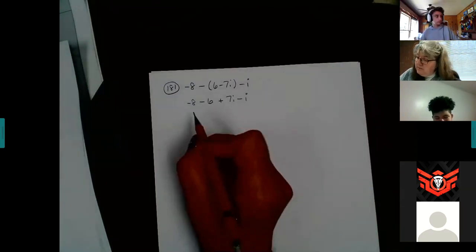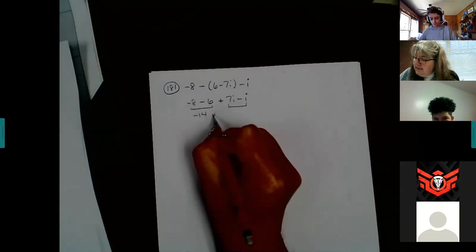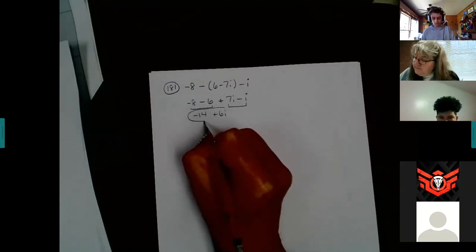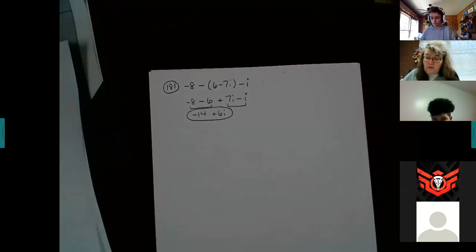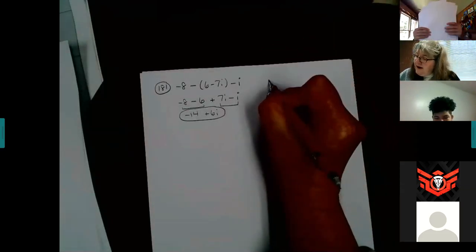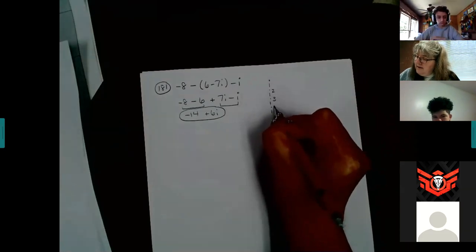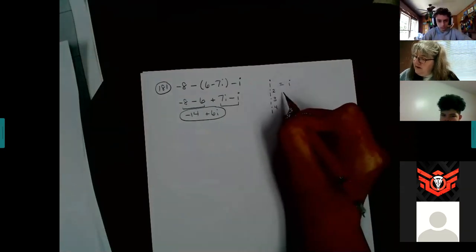Then do like terms. These two are negative 14. These two are 6i. There's your answer. Questions about that? Okay, so we've reviewed the i's except for i to the first: positive, negative, negative, positive. Do y'all remember that?